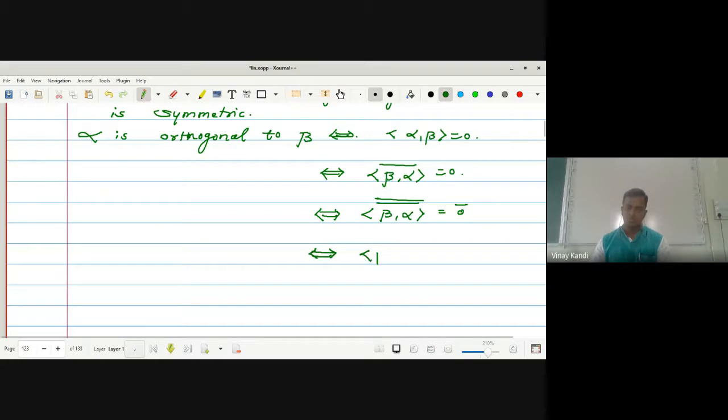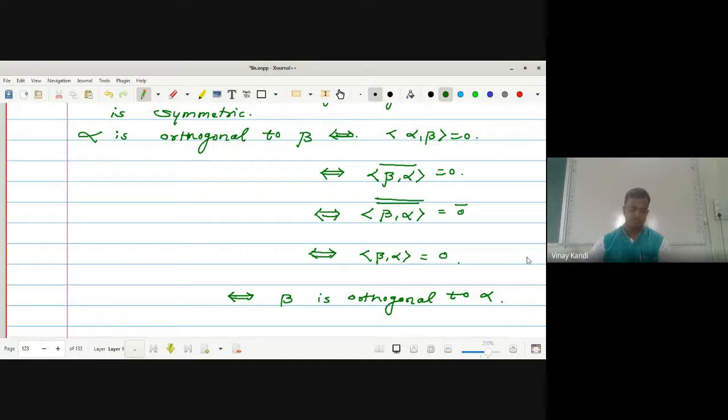0. So this is the inner product of beta and alpha. The conjugate of x plus iy is x minus iy, and taking the conjugate again gives x plus iy. So the inner product of beta and alpha is equal to 0. This implies beta is orthogonal to alpha.